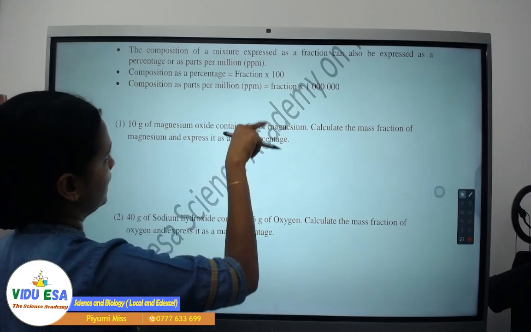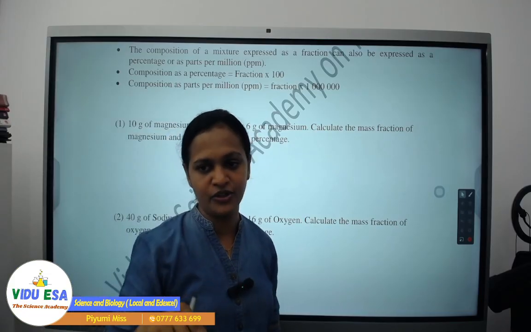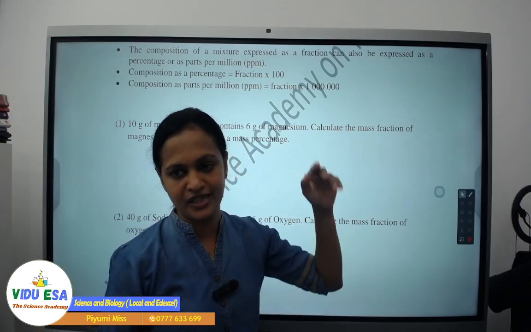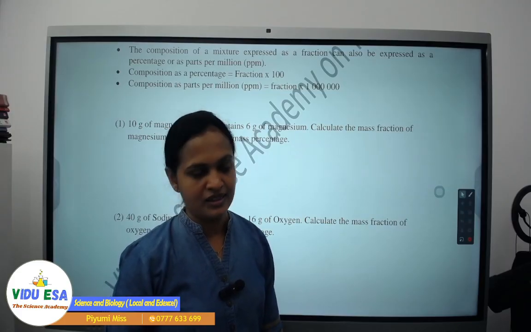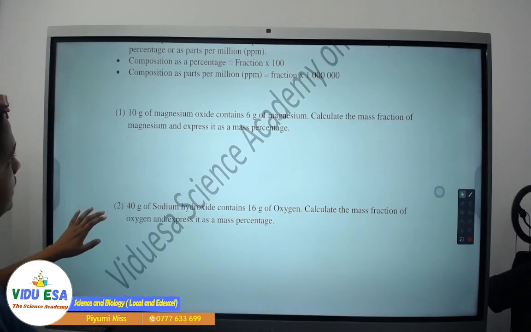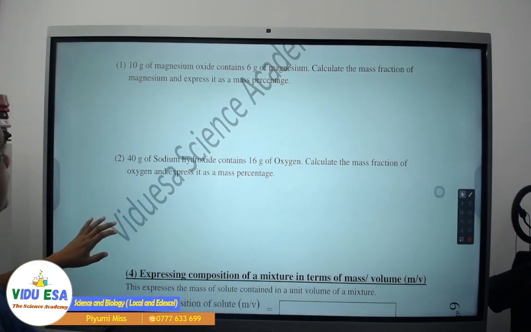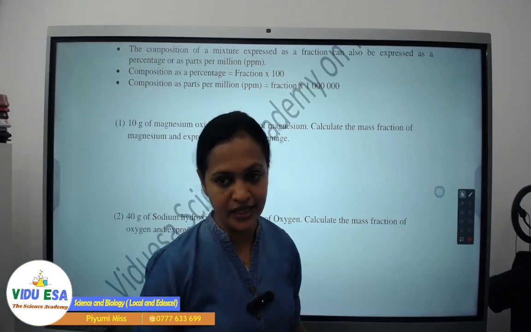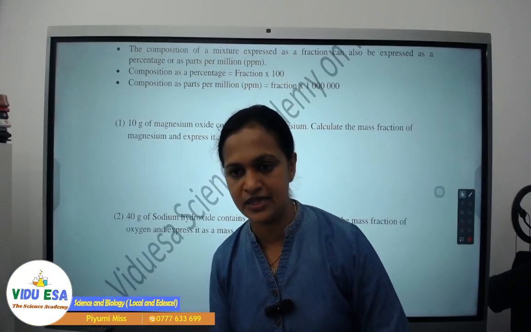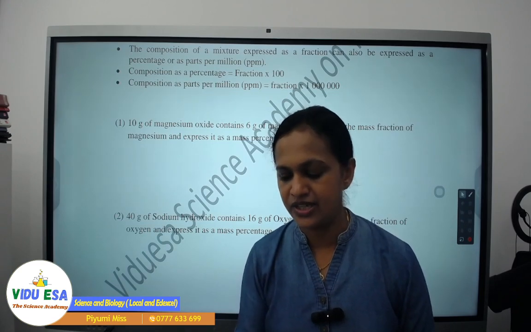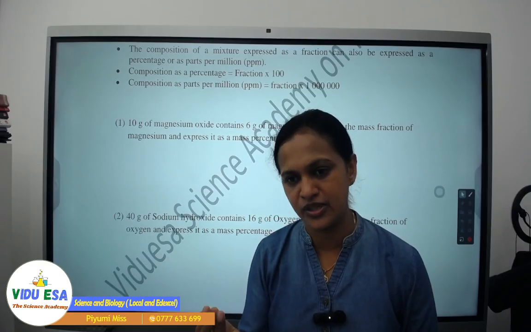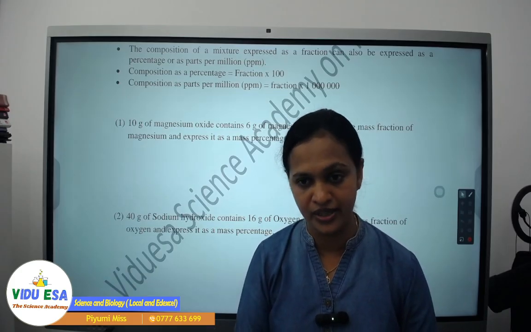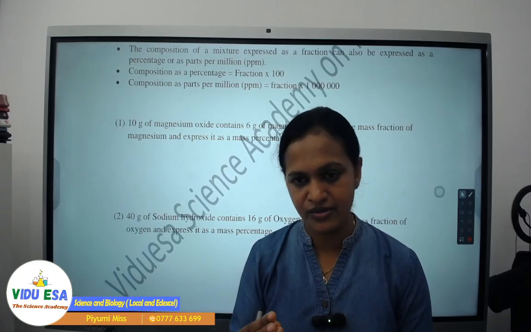Then composition as parts per million. You know million is 1 into 10 to the power 6. So fraction multiplied by million, 10 to the power 6. Right? Okay. So here you are given two calculations, both ask for the percentage. Parts per million is used when we need to express a composition in which the substance's composition is very low. A heavy metal added to a water body, so that heavy metal composition is very low.